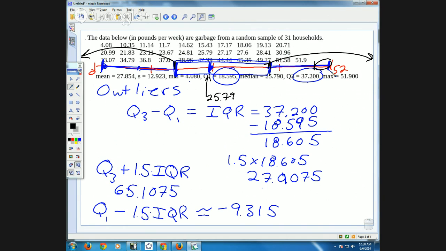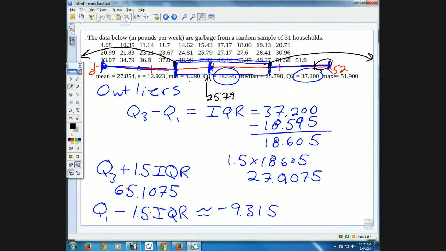So a box and whisker plot does not even consider the standard deviation or the mean. It's all percentiles. The min, Q1, median, Q3, and the max happen to be percentiles. Okay, so it's just a ranking picture, a picture of rank.